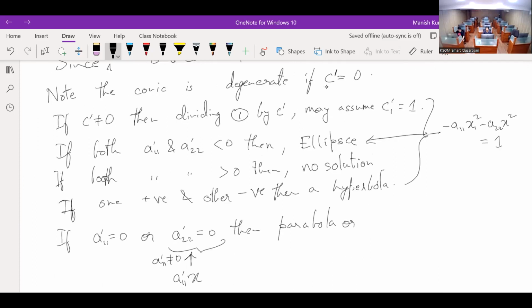So it will become A11 prime x1 square plus some B2 prime x2 plus c prime. This is how the equation will look. And in fact, by changing x2 prime by a linear function, you can absorb the c prime as well, if b2 prime is non-zero. But let's not worry about it. Anyway, it will not change anything.